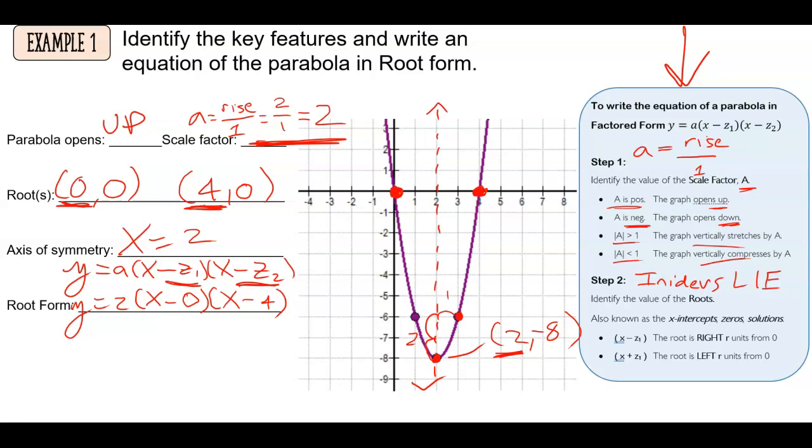So, here's the deal. X minus 0, if you take away nothing from x, it stays x, right? So this is just x, and put the 2 in front of it, so it's really 2x, x minus 4.